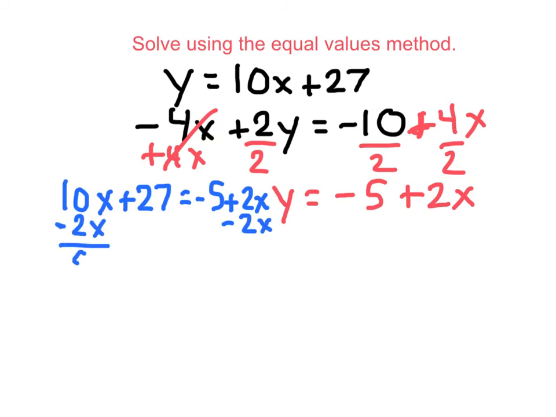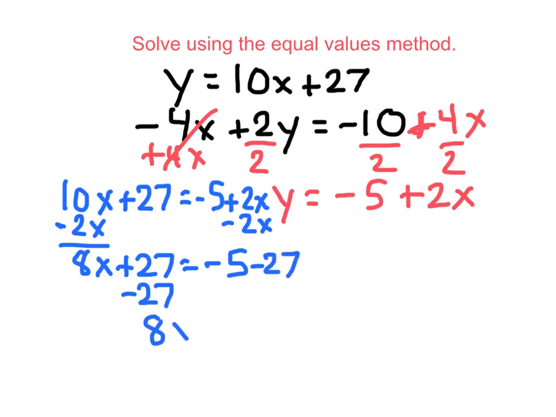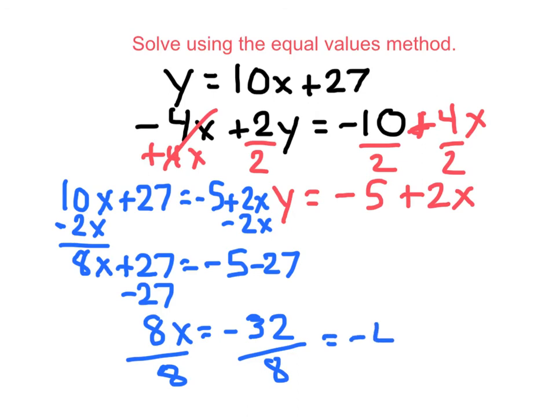Subtract 2x from both sides. Now subtract 27. So negative 5 minus 27, that's negative 32. Now we're going to divide both sides by 8. So we get x equals negative 4.